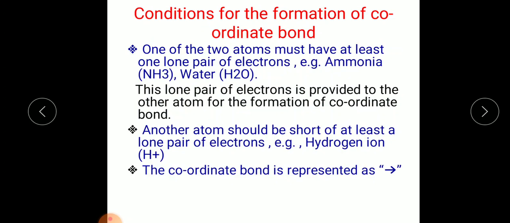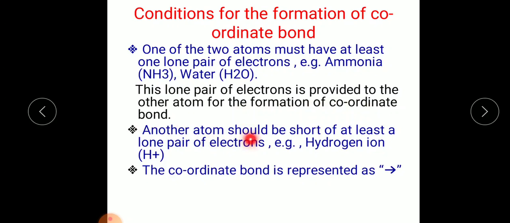Conditions for the formation of a coordinate bond. What are the conditions required for it? Number one, one of the two atoms must have at least one lone pair of electrons. That is very necessary. Example, ammonia, water. In ammonia and water, nitrogen and oxygen have lone pairs of electrons. This lone pair of electrons is provided to the other atom for the formation of a coordinate bond.